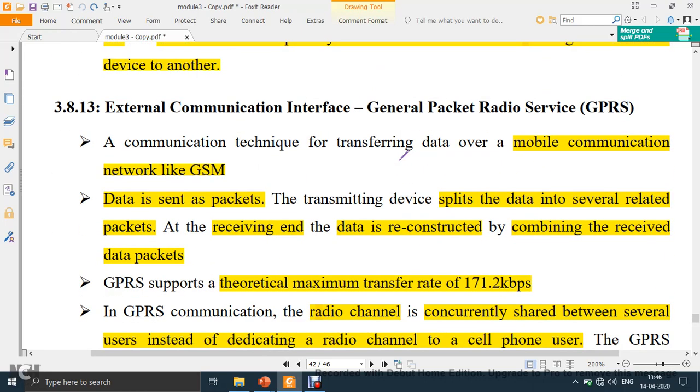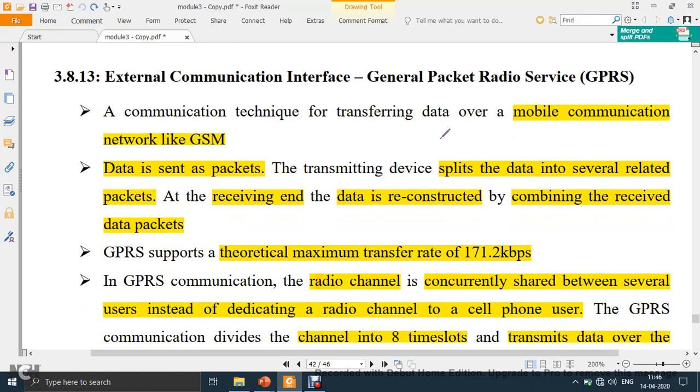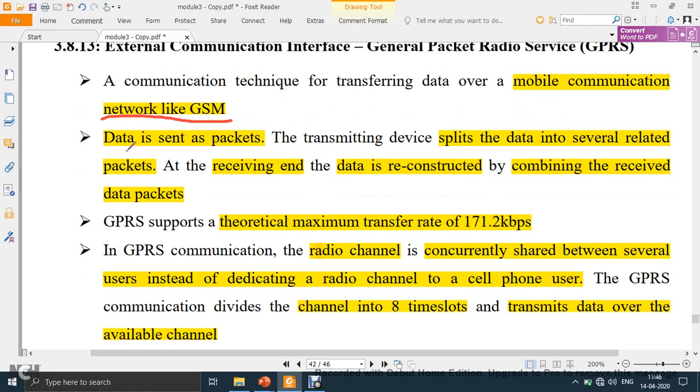Next wireless communication is GPRS, General Packet Radio Service. It is already old; nowadays people are talking about 4G and 5G. It is based on GSM, mobile communication for data communications. Data is sent in packets again, similar to USB.